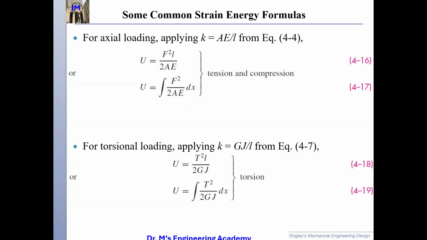So this is if the spring constant is a constant, if this beam has a uniform cross-section area throughout. So we use this equation. However, if A is a function of x, we will use this one.